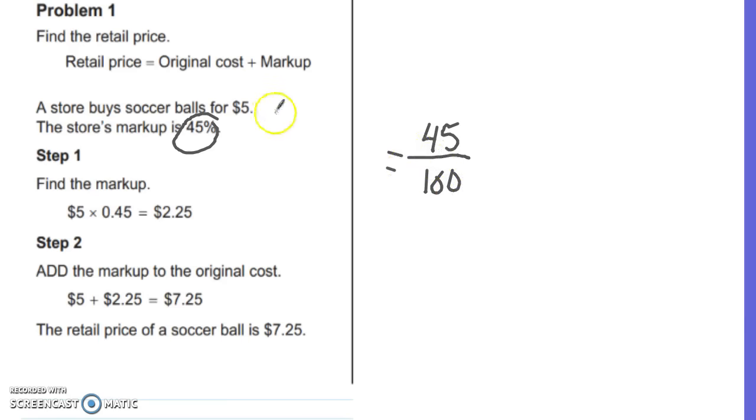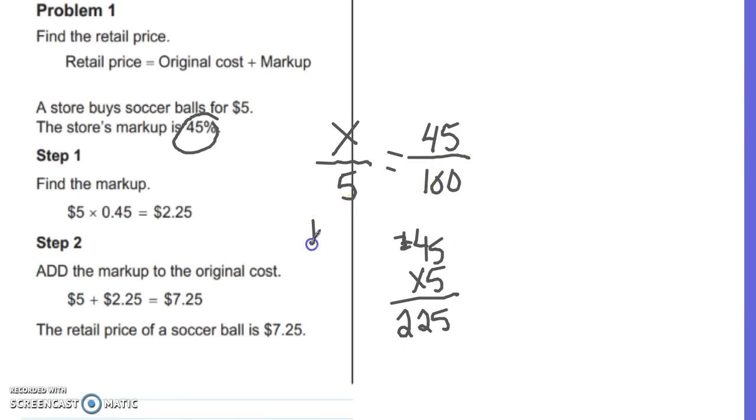Okay, well, 5 is the original price. It is the whole. It's going to go on the bottom. I'm going to do the cross product rule. I'm going to say 45 times 5. 5 times 5 is 25. 5 times 4 is 20, plus 2 is 22.